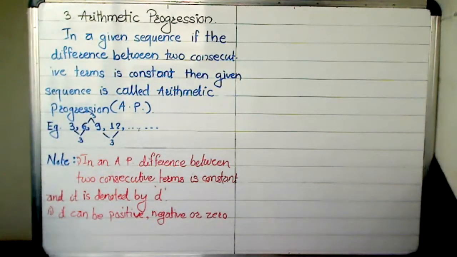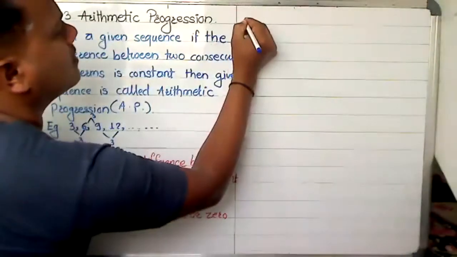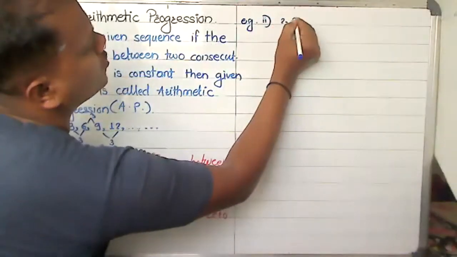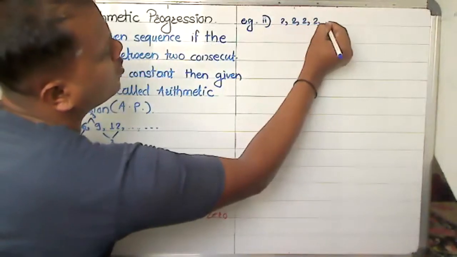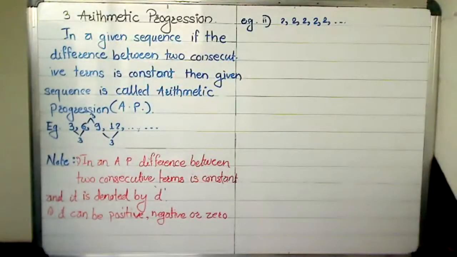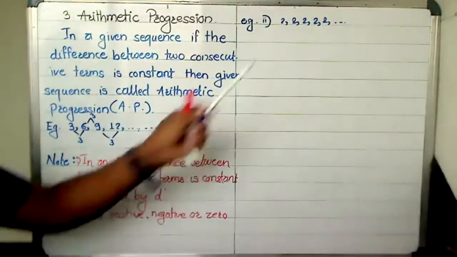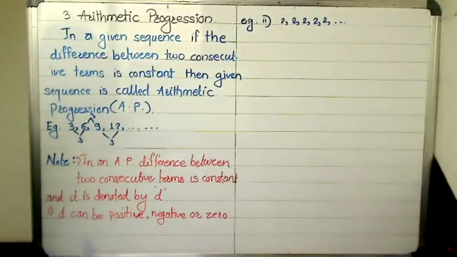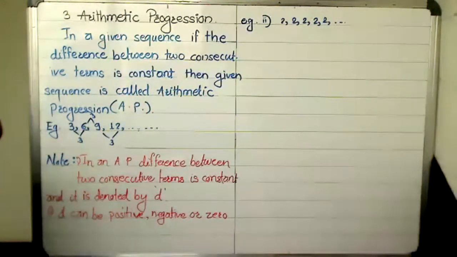Okay, now we'll see one more example. This is the second example: 2, 2, 2, 2, 2, like that. In this sequence, each term is the same, which is 2. Now, what if we find the difference between two consecutive numbers?